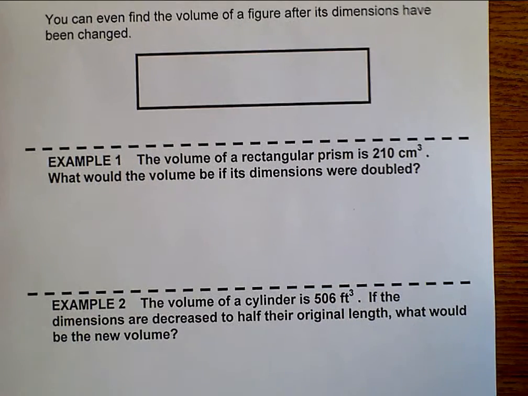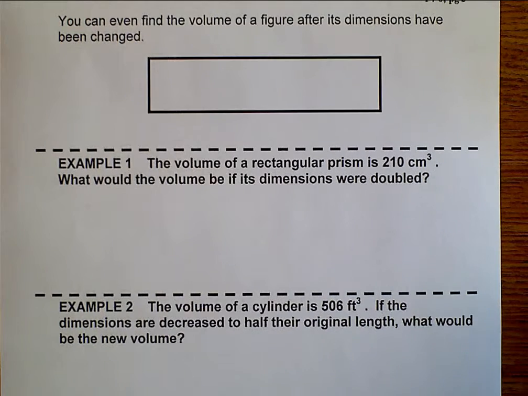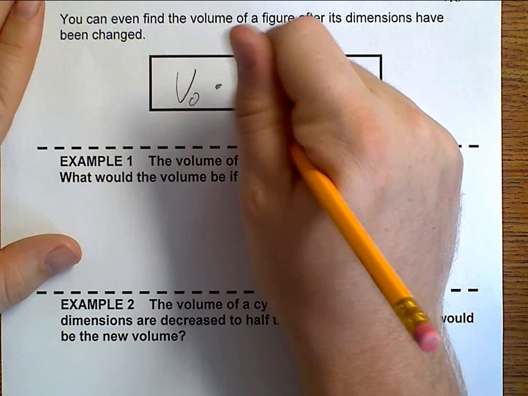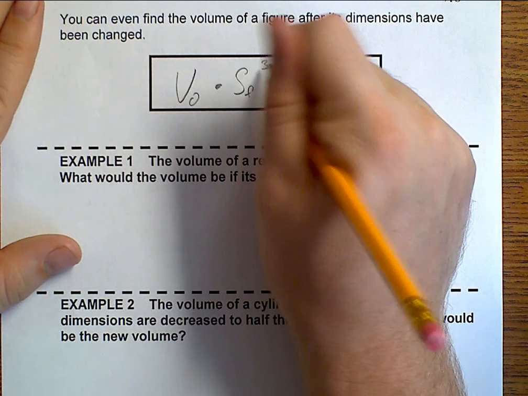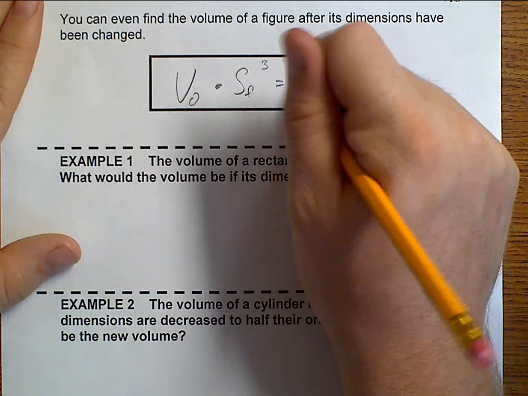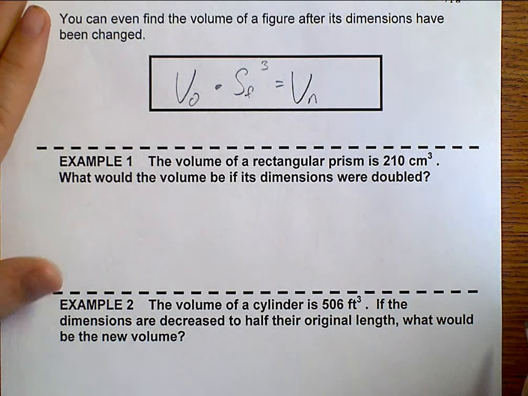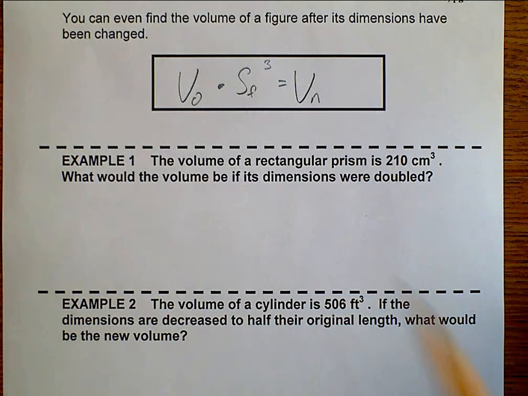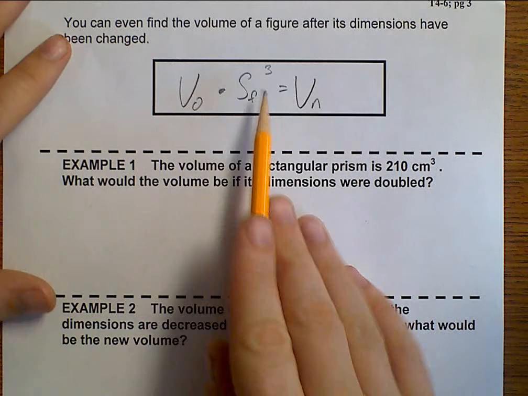We can even do this with volume, however, the old volume times the scale factor cubed equals the new volume. Because perimeter is one-dimensional, area is two-dimensional, and volume is three-dimensional, we need to cube our scale factor.